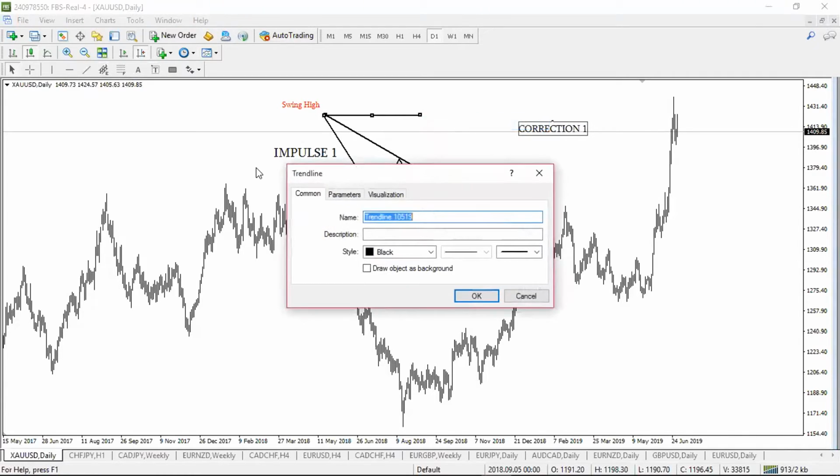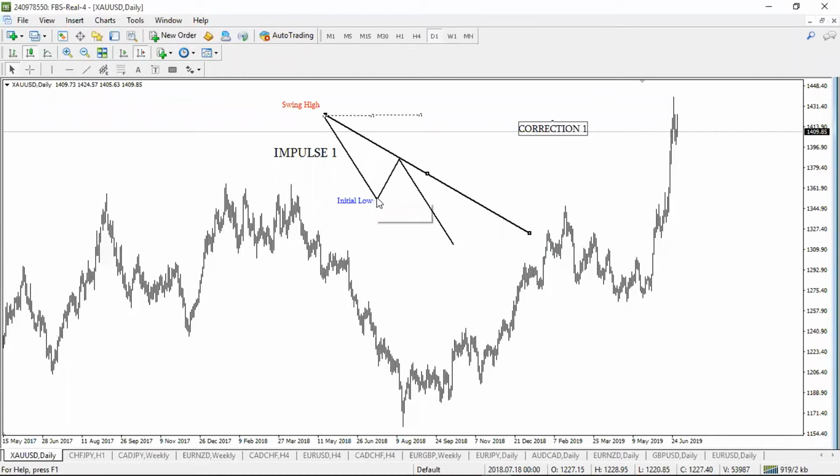If this is the highest price of the trend, this corrective move is not supposed to go above that. It can pull back, it can go up to this price, it can go up to that price, but it mustn't go above your swing high.